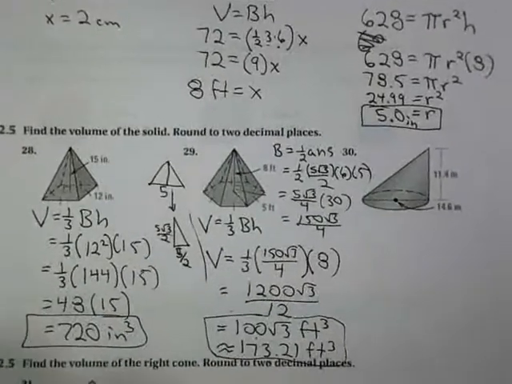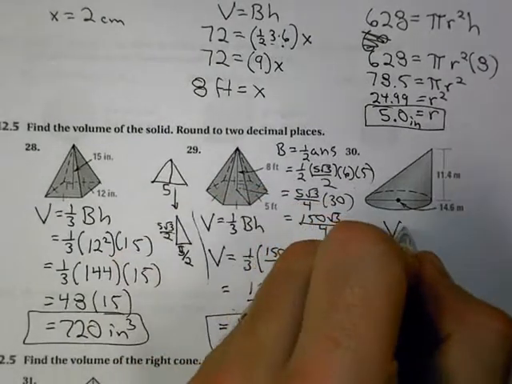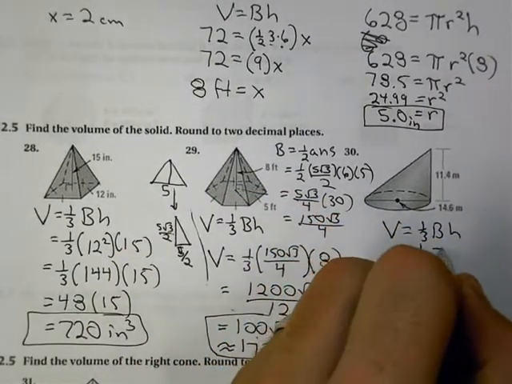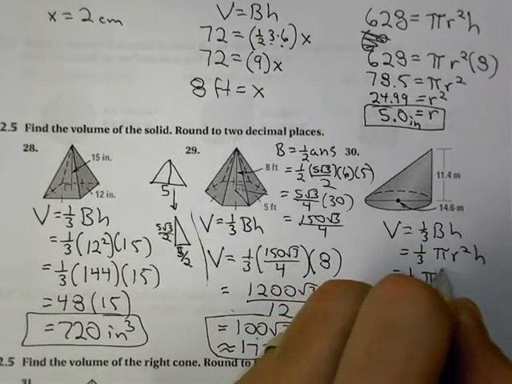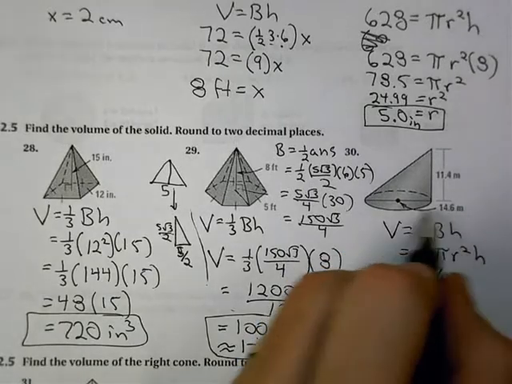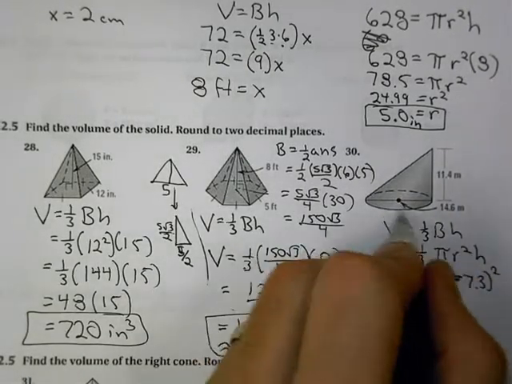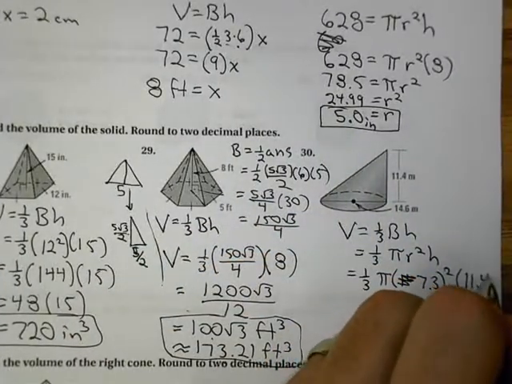Okay, number 30, this is a shifted cone. That doesn't change the fact that the volume will still be the same idea. We're going to have 1/3 base area times height, but our base area is pi r squared times height. So that's 1/3 pi times, well, we're not using 14.6, we want to use 7.3 squared, because that's the diameter, we want half of it, times 11.4.